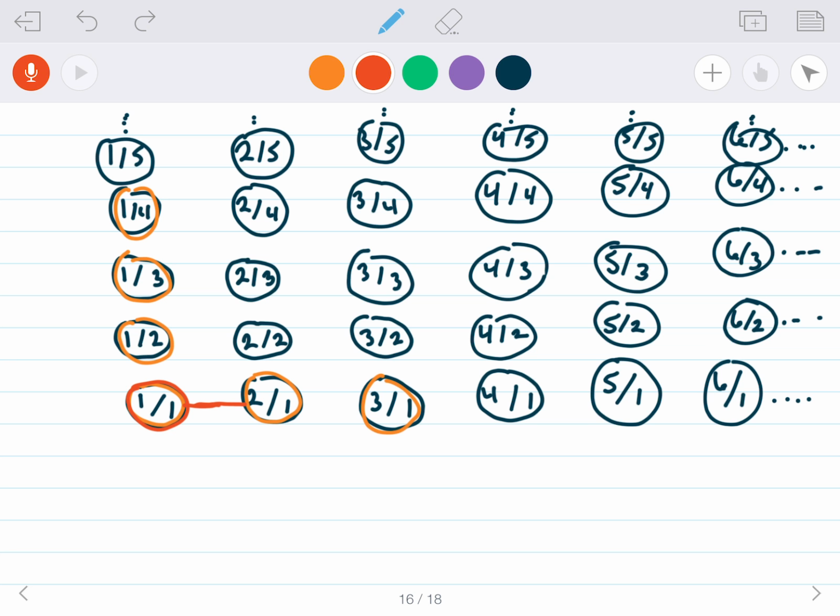So 1 over 1 goes to 2 over 1, and let's send 2 over 1 to 1 over 2. Okay, and then we'll send 1 over 2 to 1 over 3, and then we'll start snaking down the diagonal. 1 over 3 to 2 over 2 to 3 over 1.